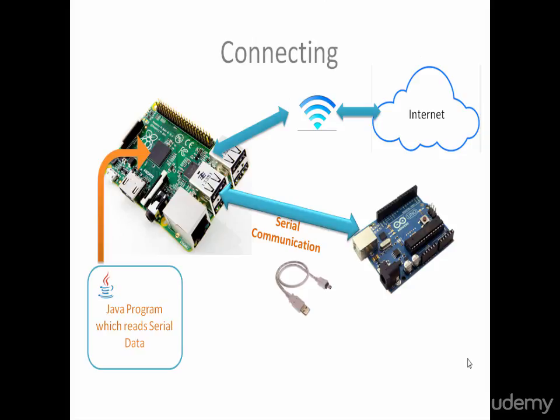So now we are going to connect Arduino and our Raspberry Pi through this serial communication, and there's going to be a Java program running inside our Raspberry Pi, and this program will communicate the data points it reads from Arduino over the internet to our SAP HANA system.